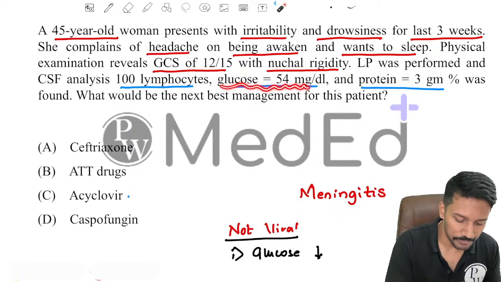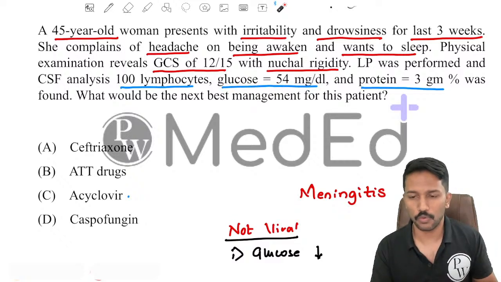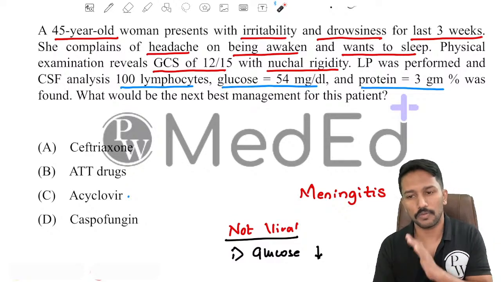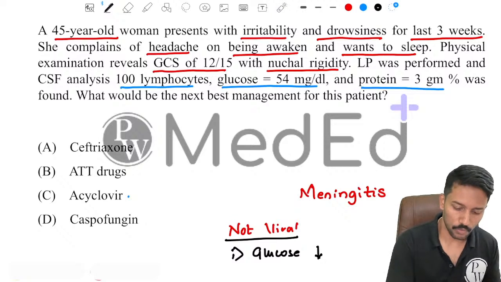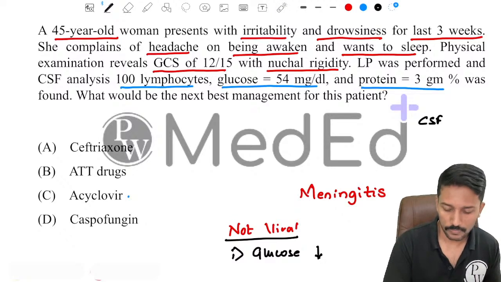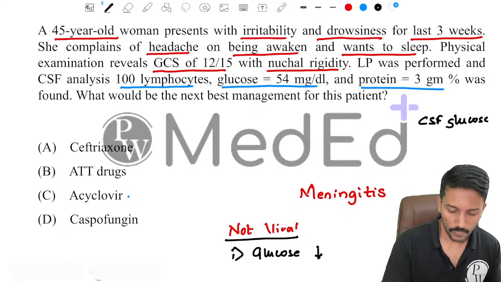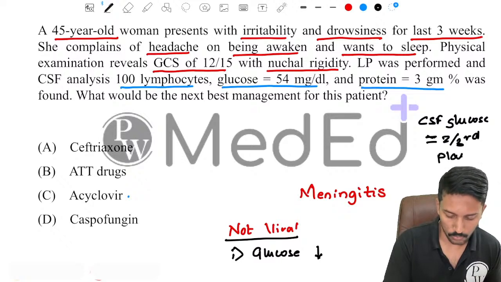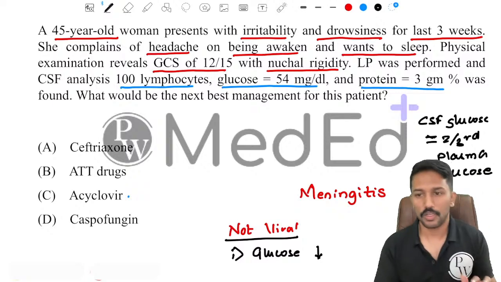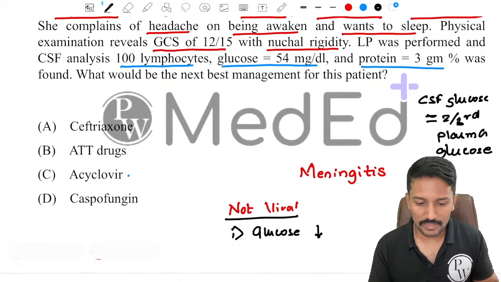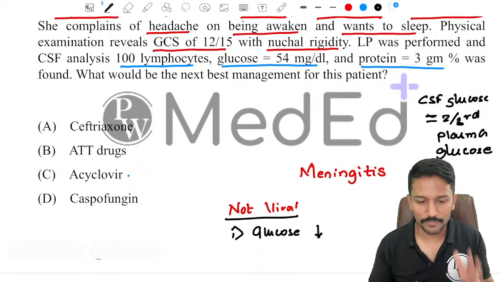I cannot give much emphasis to the glucose level because CSF glucose level is always a derivative of the plasma glucose level. CSF glucose is equal to 2/3 of plasma glucose. Because here they have not told how much the plasma glucose is, I cannot give too much importance to that value, but I can still confidently say that this is not a viral meningitis.